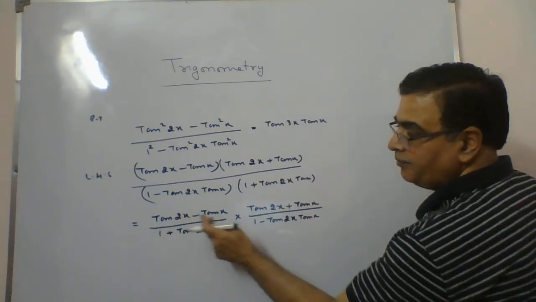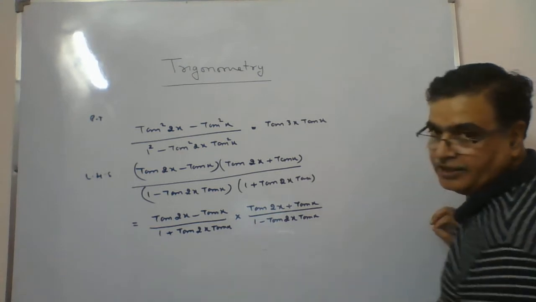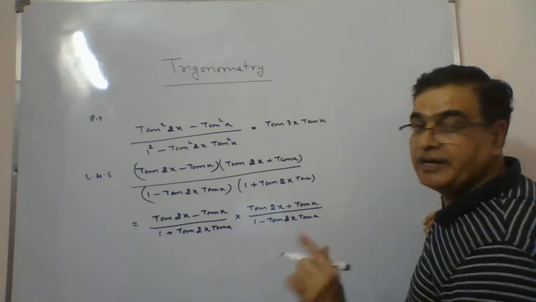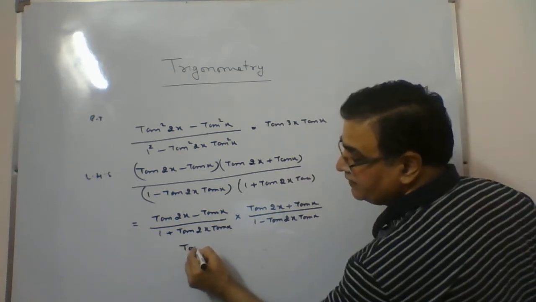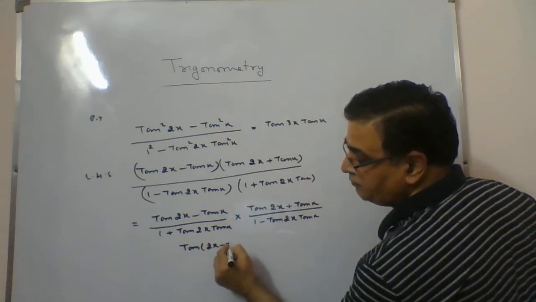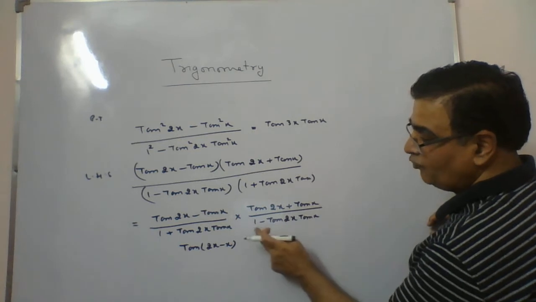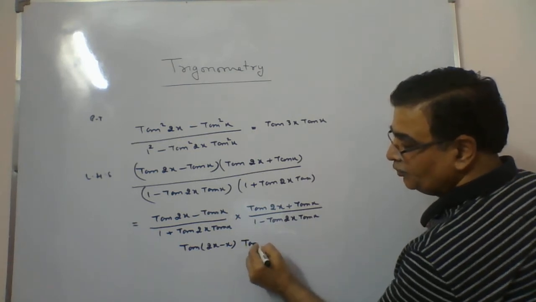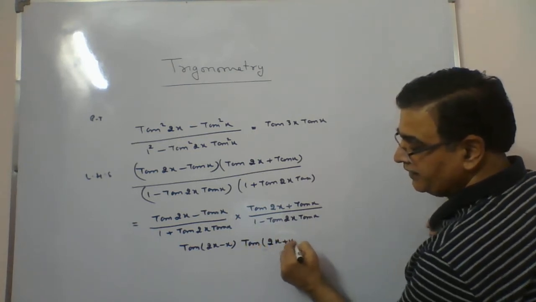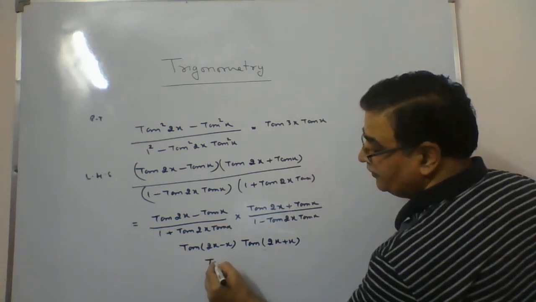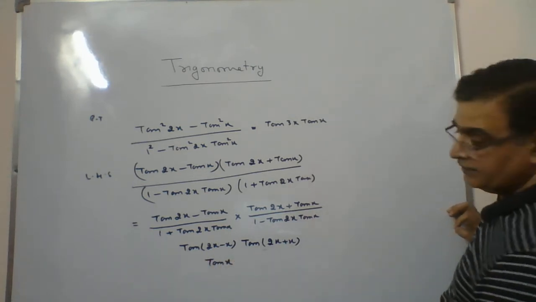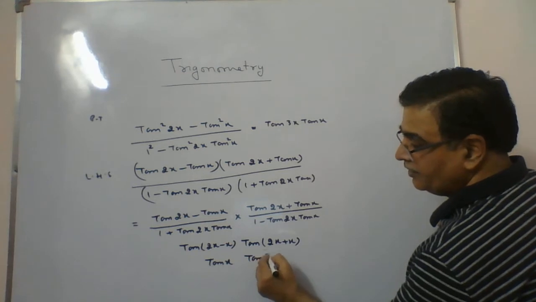Then this is tan a minus tan b by 1 plus tan a tan b. So formula says tan a minus b. So I write this as tan 2x minus x. And here tan a plus tan b by 1 minus tan a tan b. So it comes out to be tan of 2x plus x. So when you solve it, it will come out to be tan x. This comes out to be tan 3x.